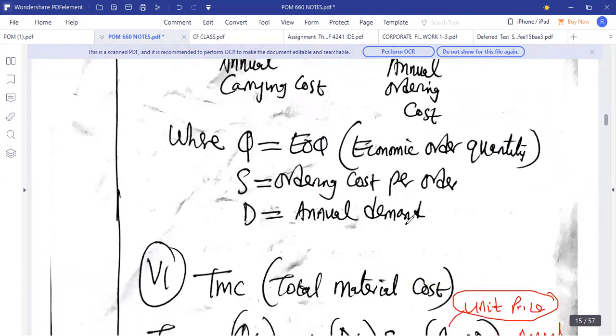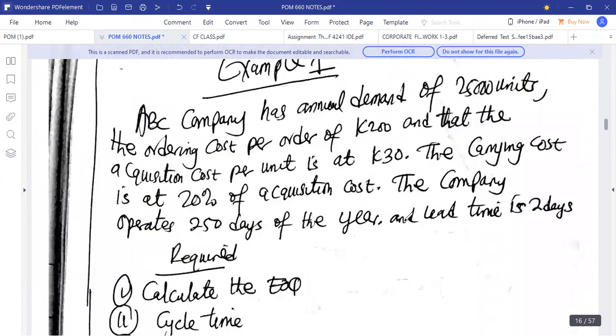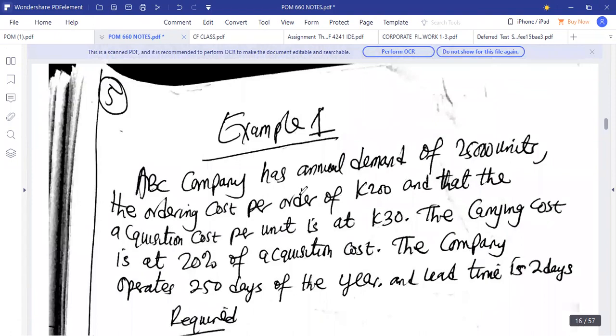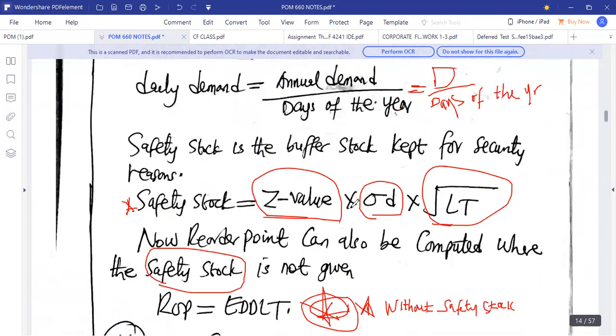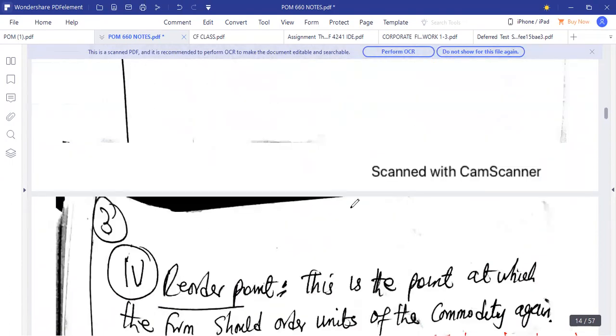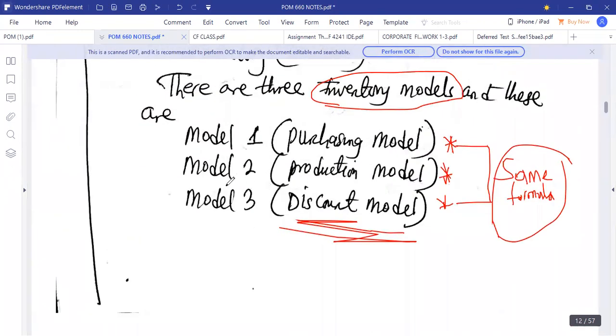As you go through these formulas, you're going to get into an example, which is example 1. The only difference with model 3 is that the discount model has a range of order quantities where the firm would want to take advantage of the quantity discount. As you buy more, they will give you a discount.